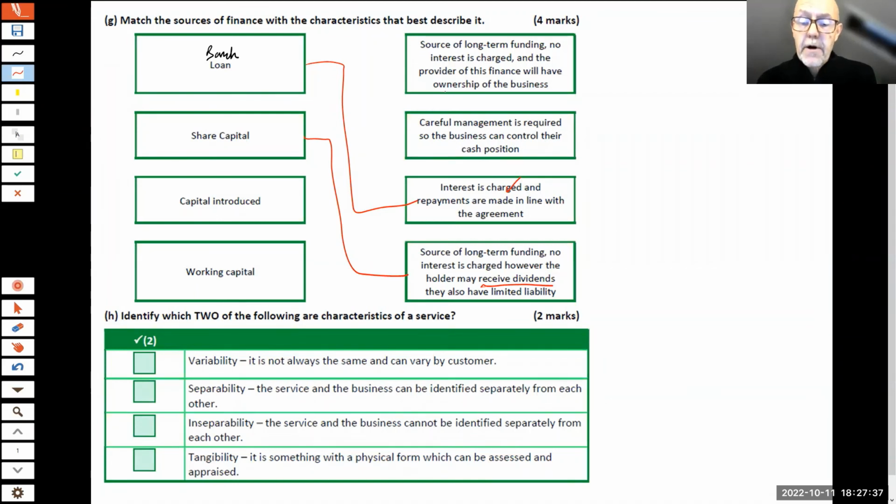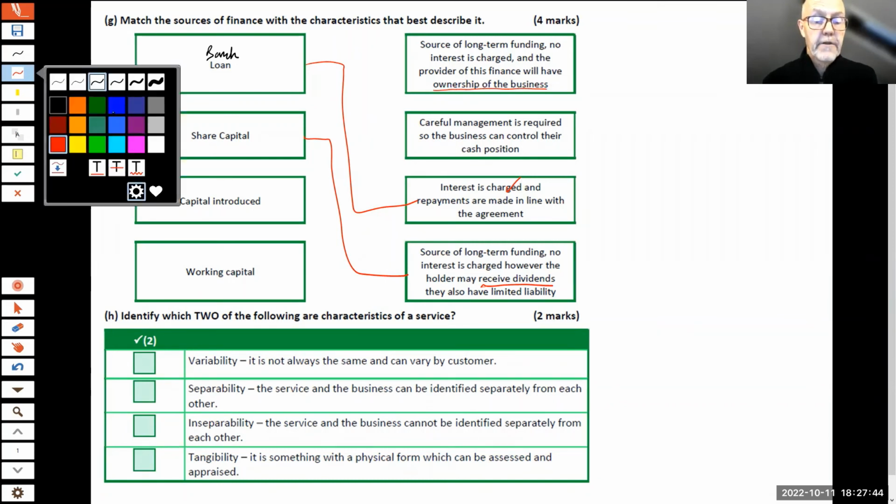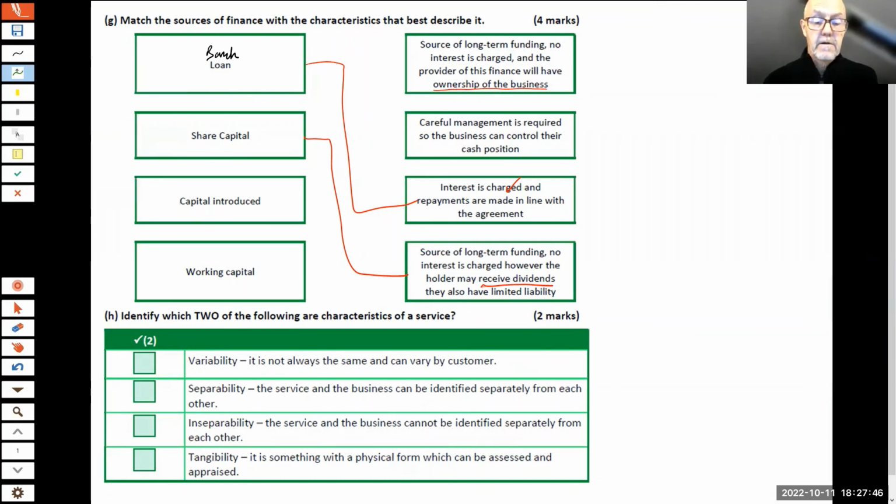And I think by ownership of the business, we are really talking about capital that an owner has brought in himself or herself, which finally leaves working capital. Careful management is required to control the cash position.